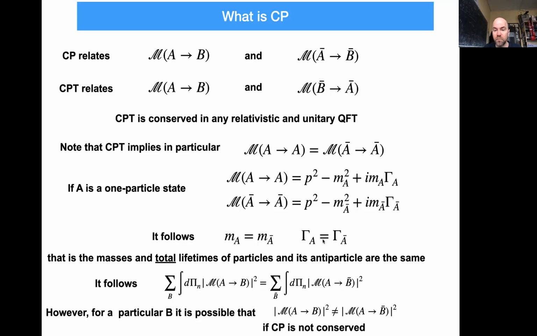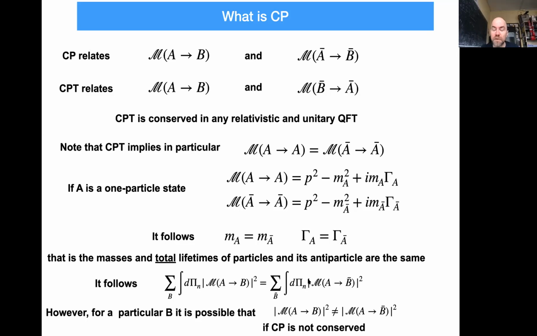The width of a particle is the sum of all its partial widths. So this equality of the widths tells you that the sum over all decay channels of a particle A has to be the same as the sum over all decay channels of the antiparticle A bar. Sorry, I forgot the A bar here; I'll make a note so that I correct it later.